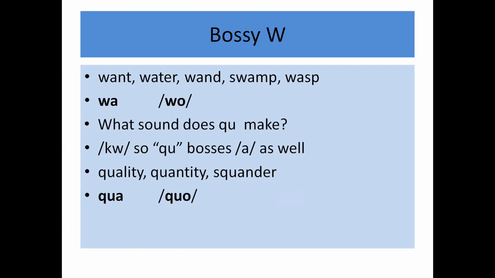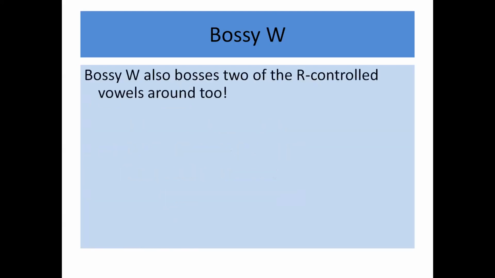Okay. Now, it also bosses 2 of the R-controlled vowels around. And this is a lot of information. It's on your sheet, okay? I just want you to know that when you see W's beside certain things, that's why we're getting this shift. These words: work, worry, world, worst, worm, right?